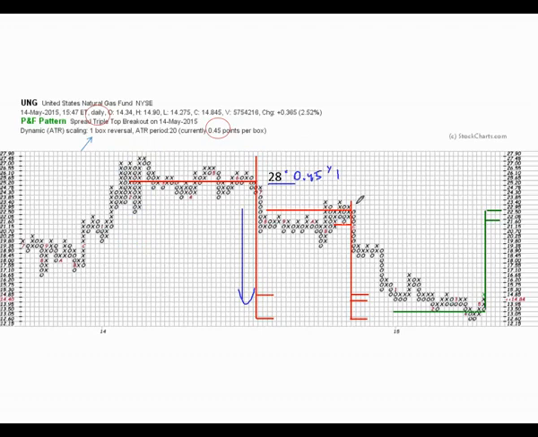And that gives us a dramatic count from $27.45, the high count on this, and it counts down to $14.85 to $12.60, which is a dramatic breakdown in natural gas prices. Who could believe it? But there it is. There's the count.